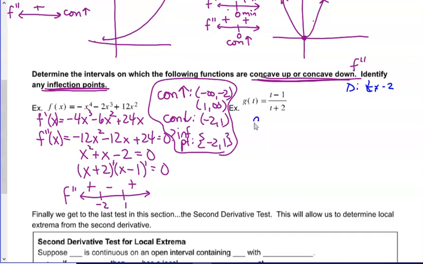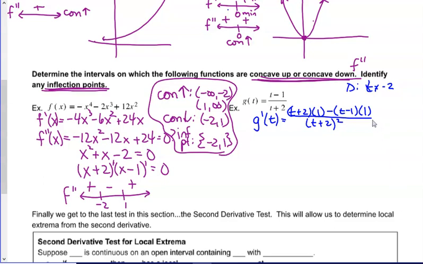So, g prime of t, doing a little quotient rule here, doing a little ho-de-hi: t plus 2 times the derivative of the top, which is 1, minus the top times the derivative of the bottom, which is 1, all over t plus 2 quantity squared.